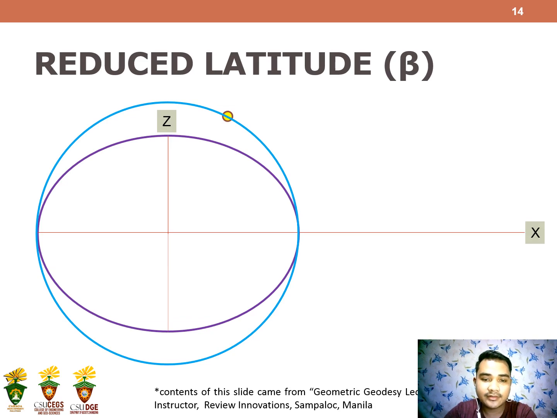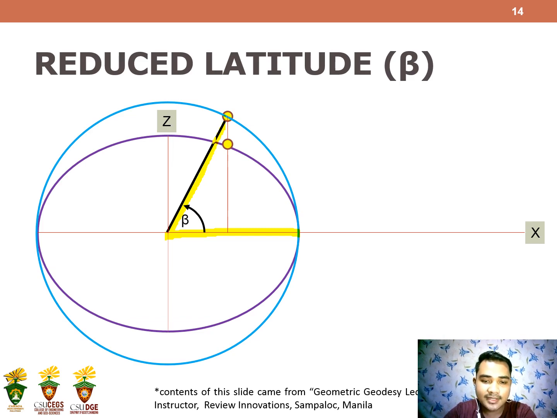From the point, going to the center of the sphere, the point on the sphere toward the center, tangent to the ellipsoid. Tangent means it just touches the ellipse. And from the plane of the equator, going to the radius that contains the point and is also tangent to the ellipse, this is it. So our reduced latitude is this angle.